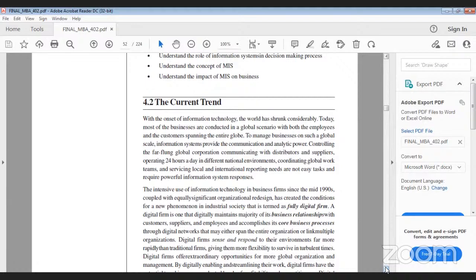Controlling global corporations, communicating with distributors and suppliers operating 24 hours a day in different national environments, coordinating global work teams, and servicing local and international reporting needs are not easy tasks and require powerful information system responses.